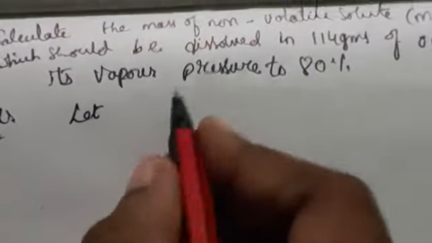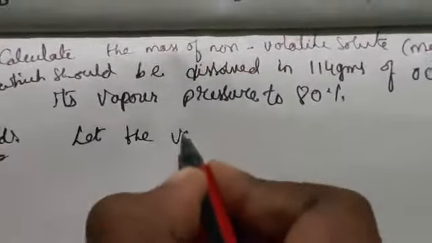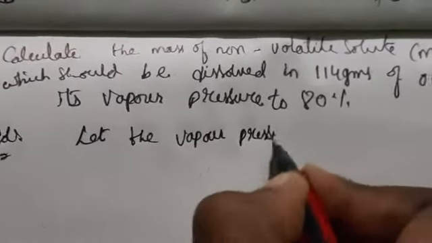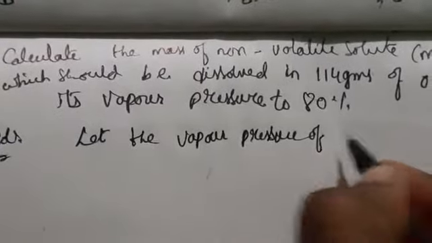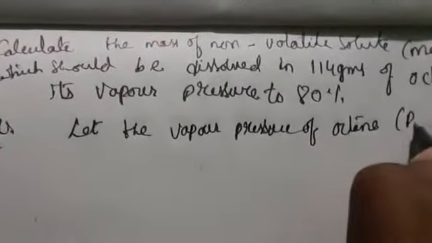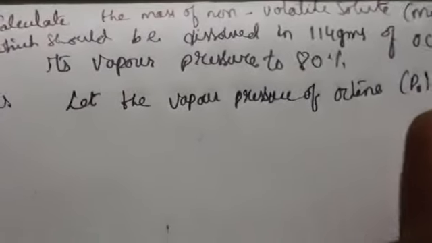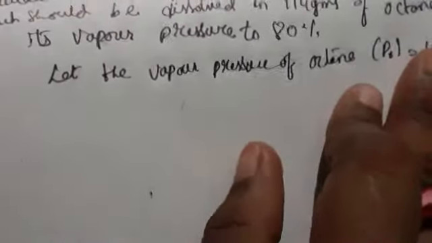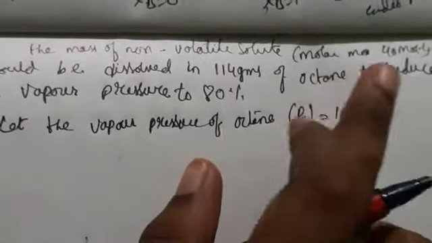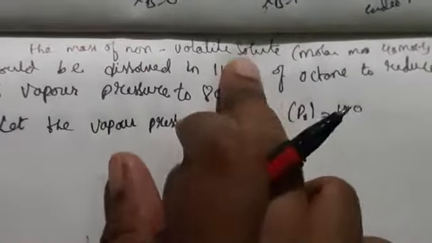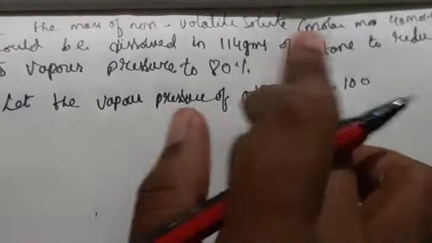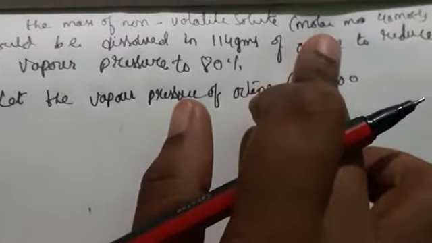Let the vapor pressure of octane P naught be equal to 100. He has given that it is to be dissolved in 114 grams of octane, so here the weight of solvent is given.